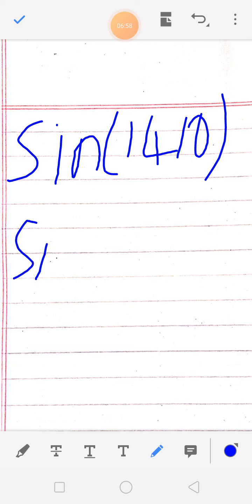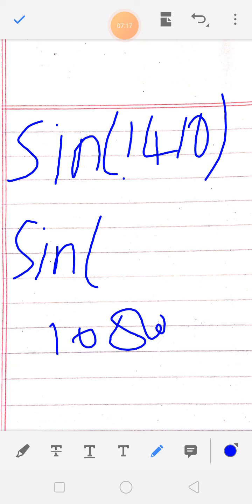So I can write sine of 1410 as, 360 only I can use, but how many times? 1 into 360 is 360, 2 into 360 is 720, 3 into 360 is 1080, 4 into 360.